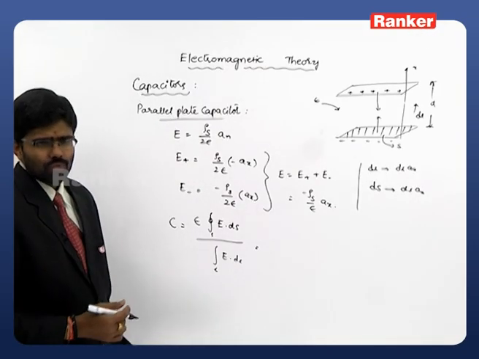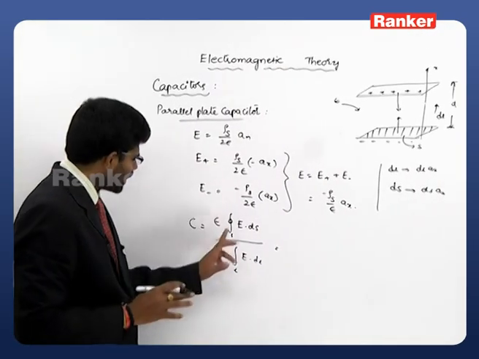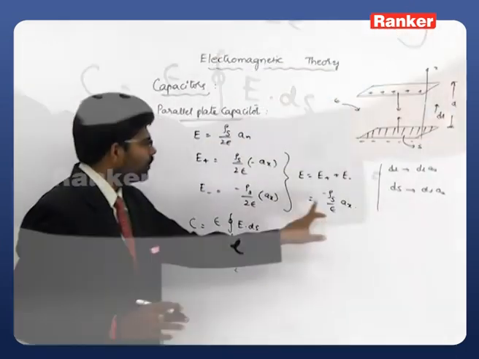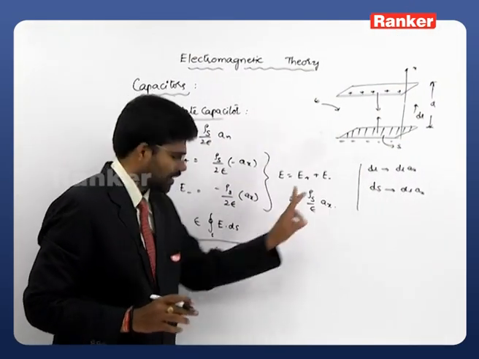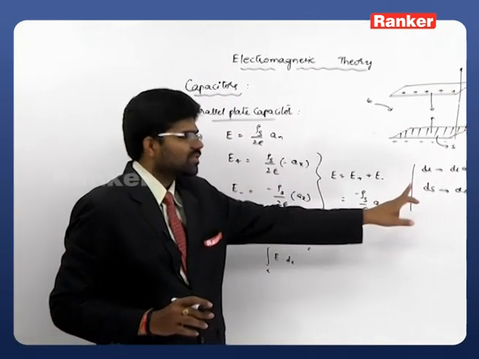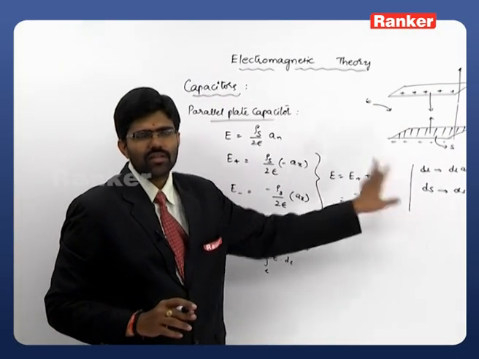So directly, don't go for any calculations. Directly observe, E dot ds will exist for us, E dot dl both exist, and both are in the x direction.